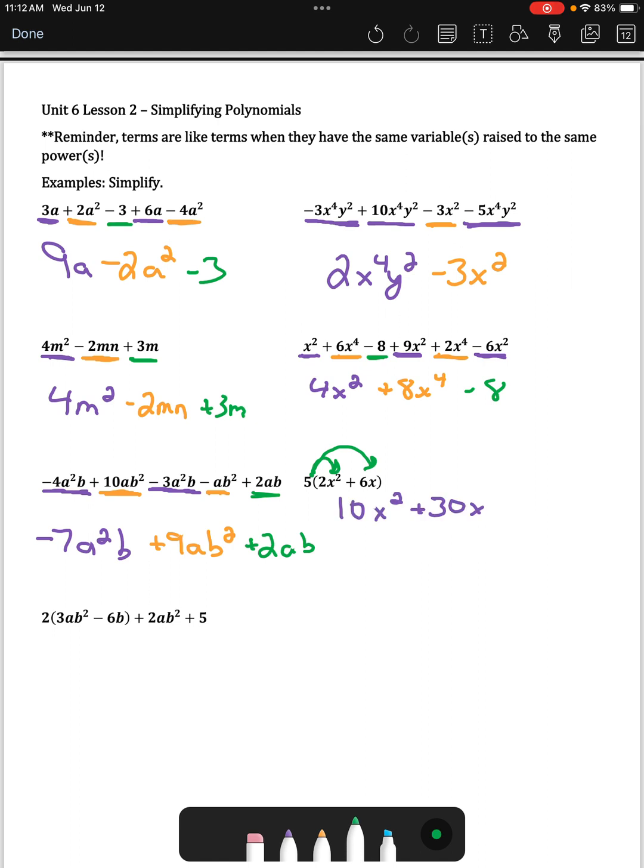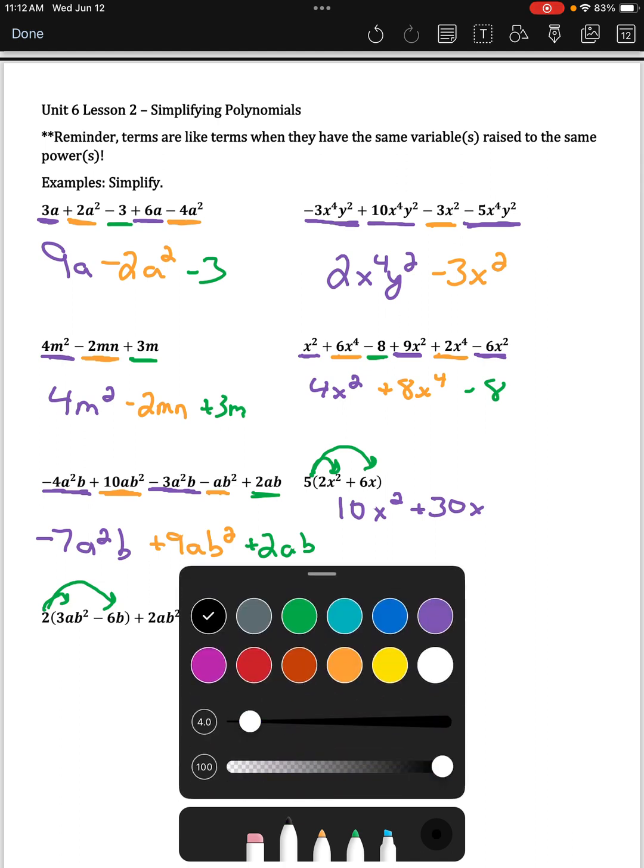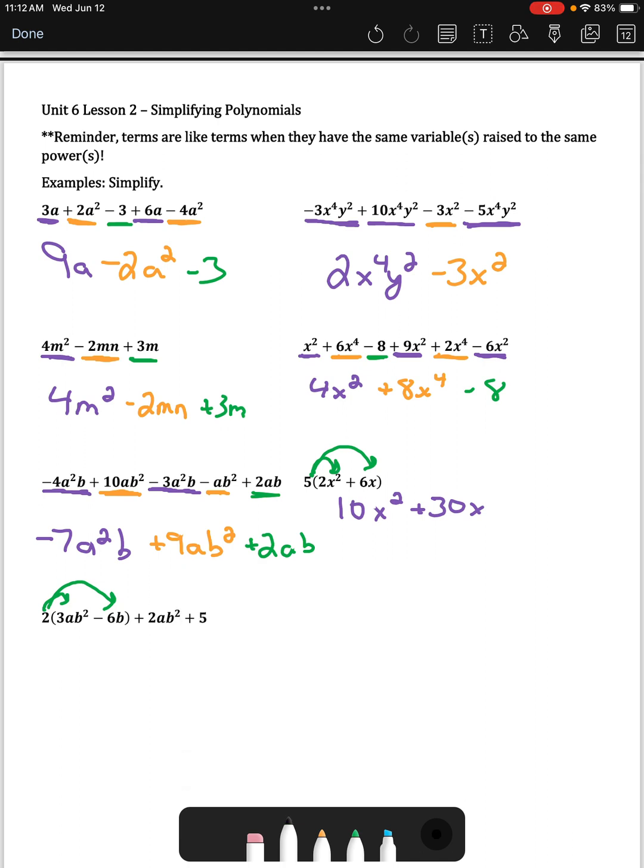It's more important to do first. So our first step is going to be to distribute. 2 times 3 is 6ab to the second, minus 2 times 6 is 12b, and we still have the 2ab to the second and the 5 that we didn't touch yet.